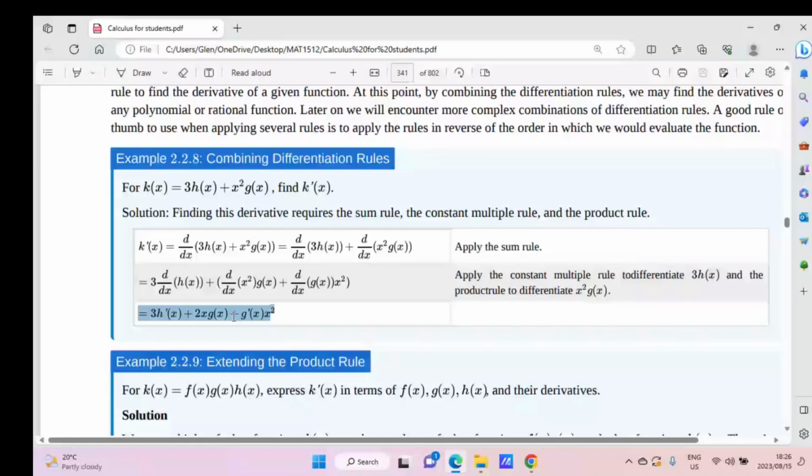So my final answer was f prime x multiplied by g at x multiplied by h at x plus f at x multiplied by g prime x multiplied by h at x plus f at x multiplied by g at x multiplied by h prime x.